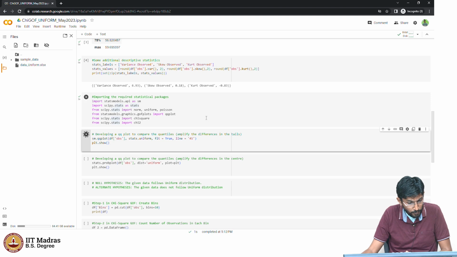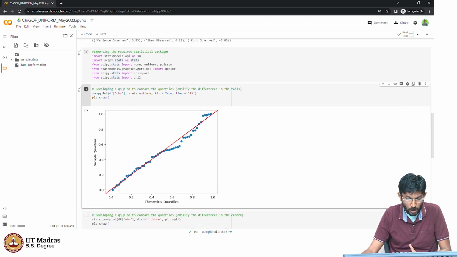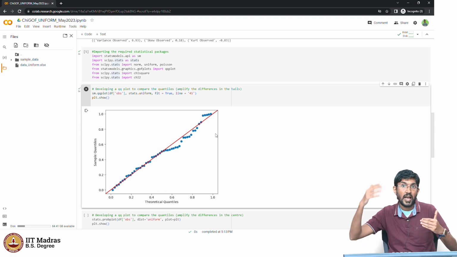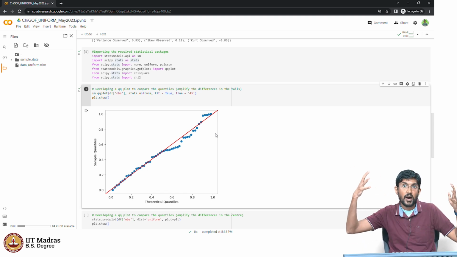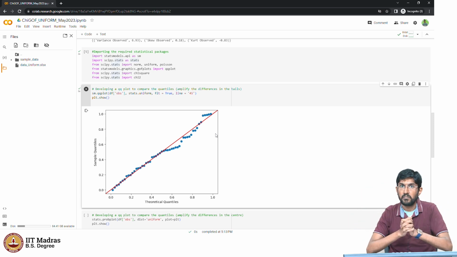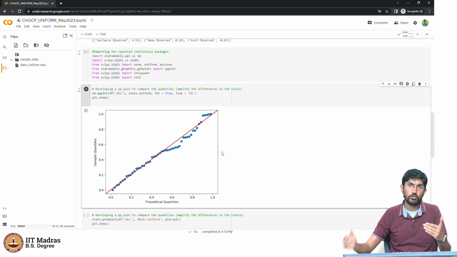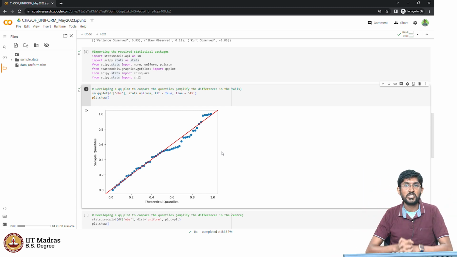So if I plot a QQ plot, and all of these values fall on this 45-degree line, then my theorized distribution and the actual distribution are matching perfectly. If not, if there is very high deviation, then I would say that my proposal and the theorized are not matching at all.